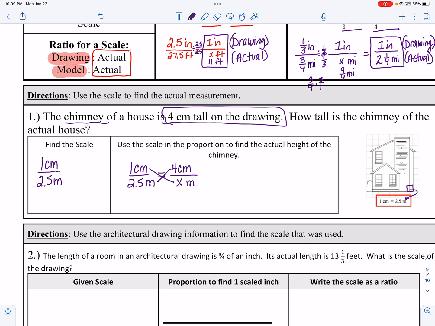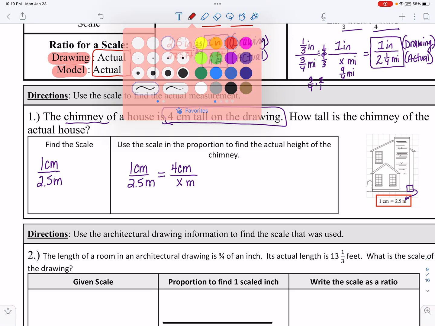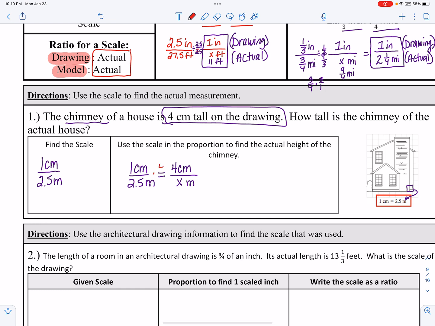I could end up with 1x equals the 4 times the 2.5 and then do my dividing on both sides. Or I can just see, okay, I can look at this and go, well, this times what will get me 4, okay, and create an equivalent fraction. And so that's a nice easy one. I know that I would just multiply by 4 over 4 to create that equivalent fraction. 1 times 4 is 4.